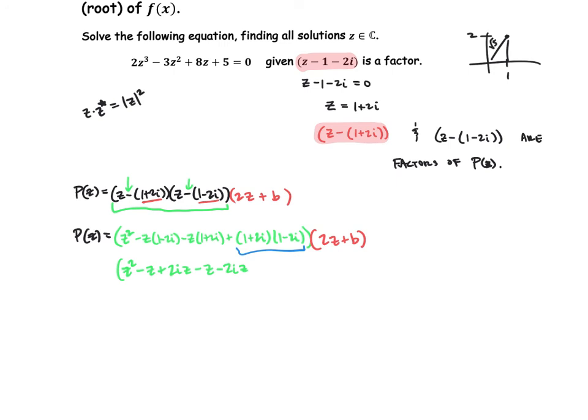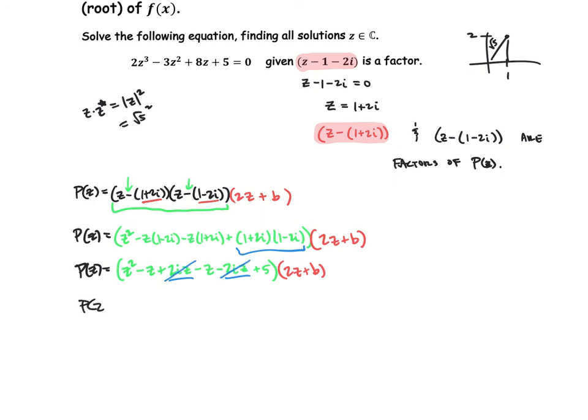So I'm going to square the square root of 5, which will be 5. Thus, that comes out to be positive 5. Carry this along with 2z plus b. P of z equals that. Let's take a look on the inside here. Notice the iz terms disappear. 2iz, negative 2iz, see you later.